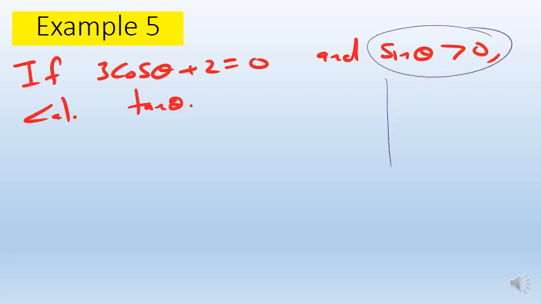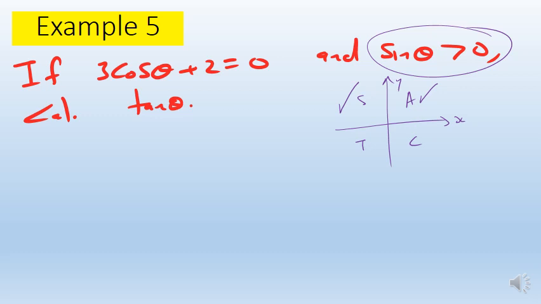Now, we've been through this over the last 15 minutes, and that is, in which quadrant is sine positive? All smoke, Texan cigarettes. So we know that sine theta is positive in the first quadrant, and sine theta is also positive in the second quadrant.